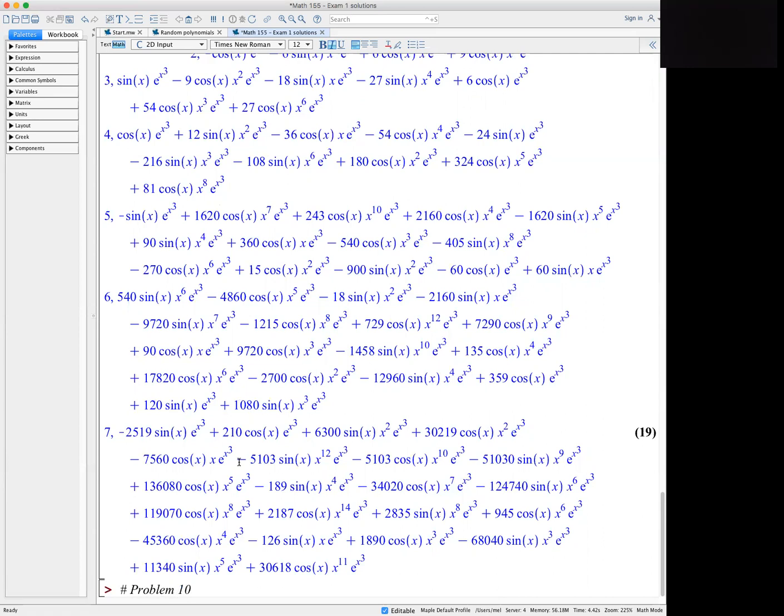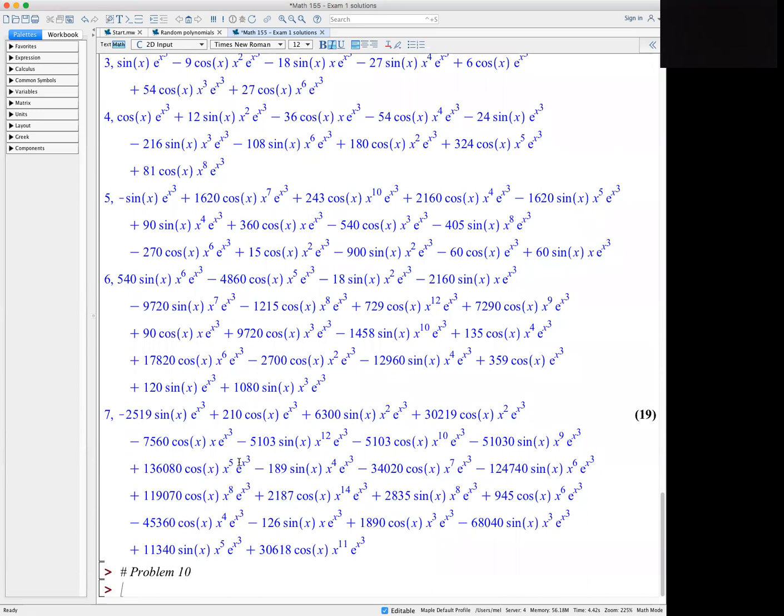Problem 10, we have two functions, g and h. So g is the function x to the 6th plus exp of x. And h is the function, oops, I always make that mistake.